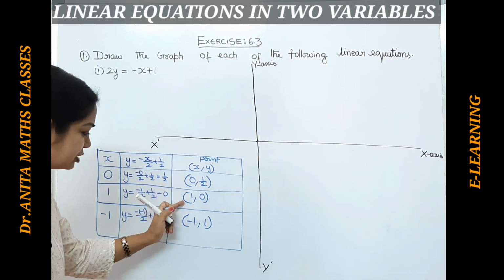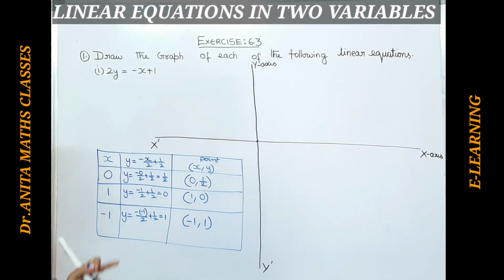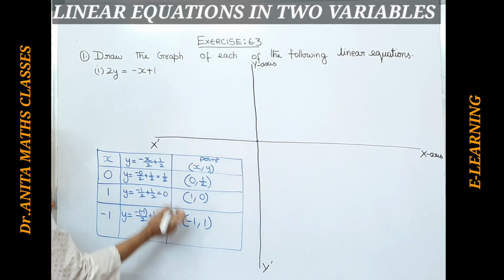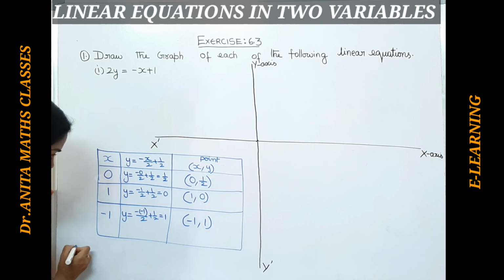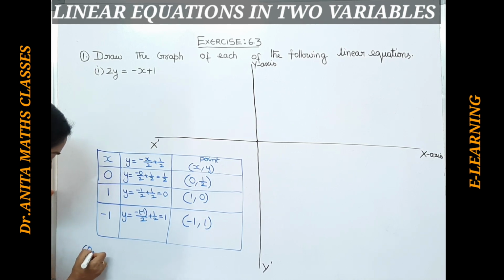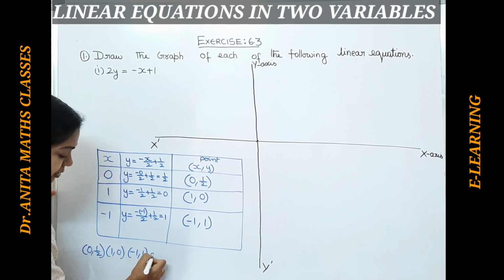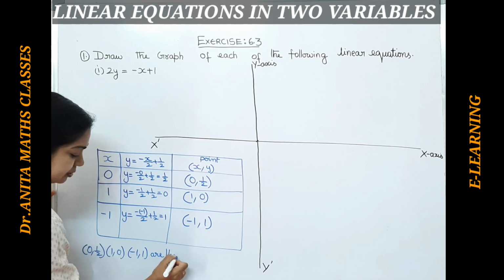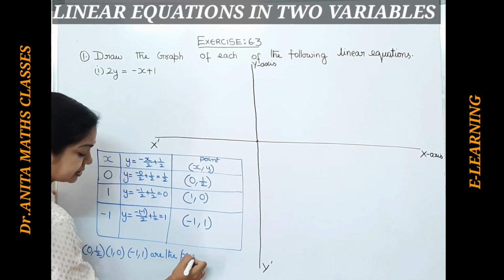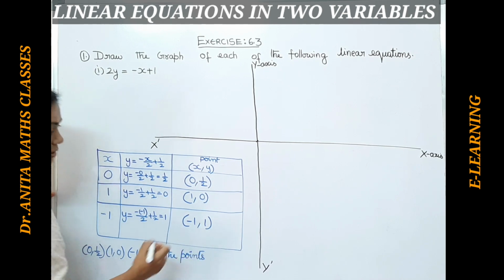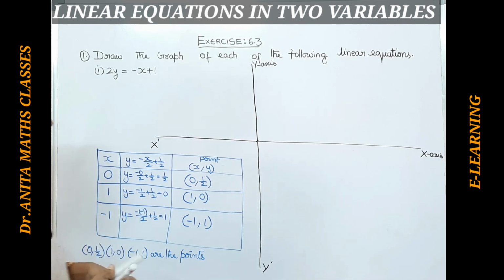Now with these points we have to plot the graph. Let me write here the points we got: 0, half; 1, 0; and minus 1, 1. These are the points. Let me plot the graph taking these points.